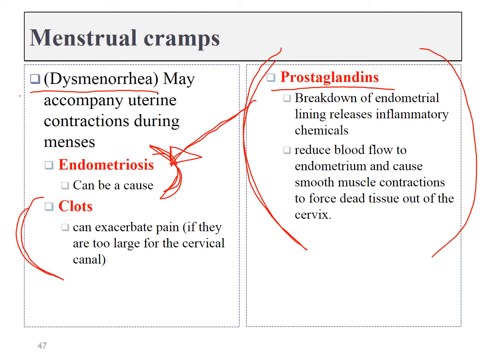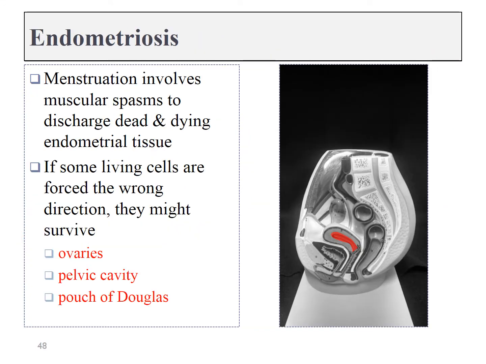What's going to be an abnormal occurrence is when that endometrial tissue does the same thing in places other than the uterus. Remember that endometrial tissue could get pushed through the cervix, out the vagina, and exit the body. But it was possible that some of that tissue might be pushed up the fallopian tubes.